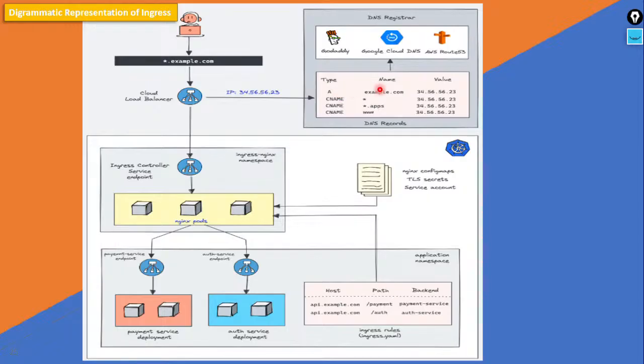So they will register it with basically an IP address. But how have they given it to you? So this is the CNAME. Actually, your application name is example.com. So it will appear as star. One of the CNAMEs is star and the other one is star.apps and www. So actually it will be like this.